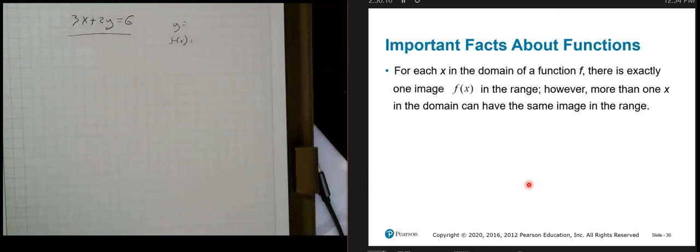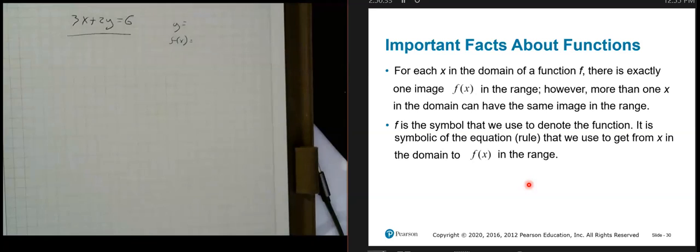More than one x in the domain can have the same image in the range. It's like with x squared. I use x squared all the time as this example because 2 squared and negative 2 squared equal the same number. Negative 1 squared is the same thing as 1 being squared.